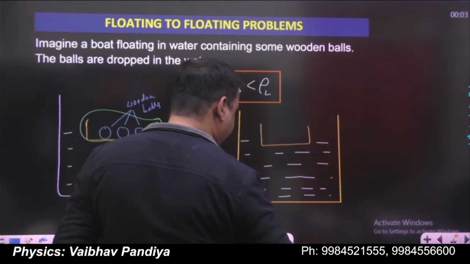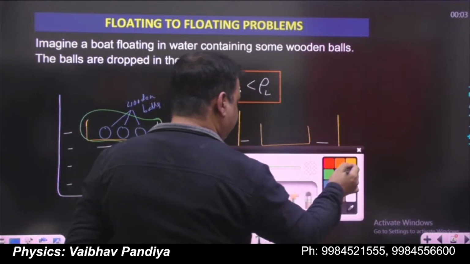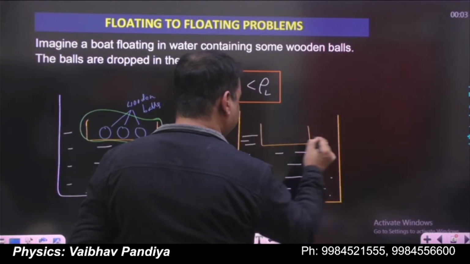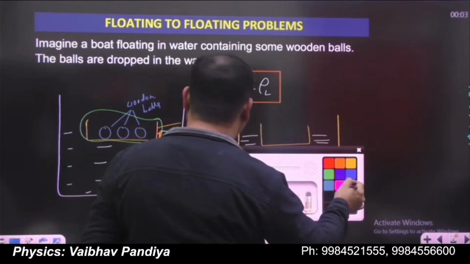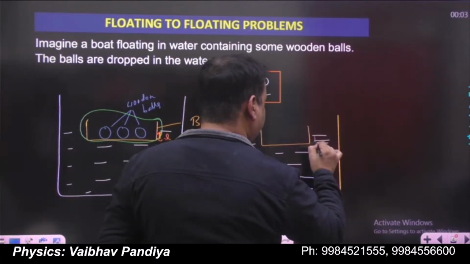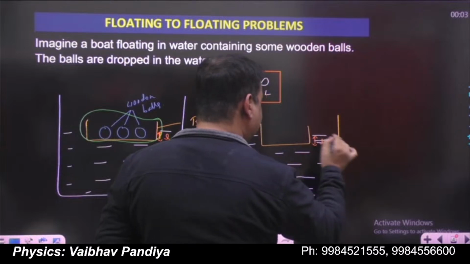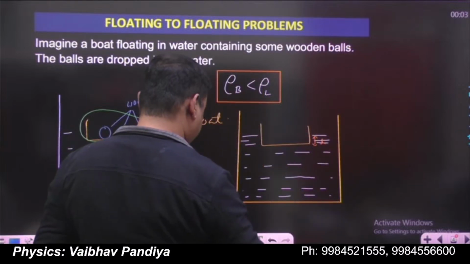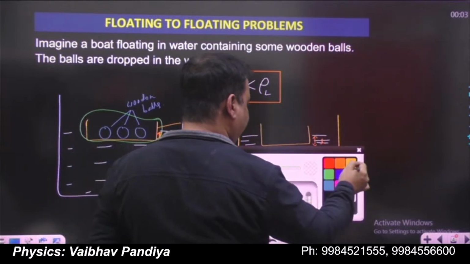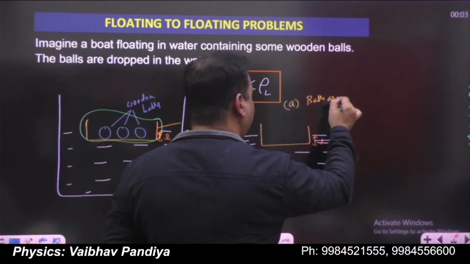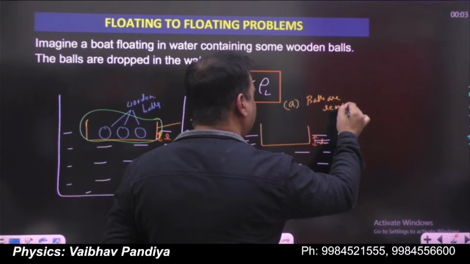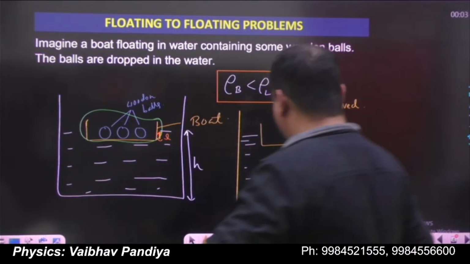So surely you can say this level L, that is the level of the boat inside the water, will decrease, correct? What we are doing, I'm considering case A, balls are removed, okay? Simply the balls are removed.